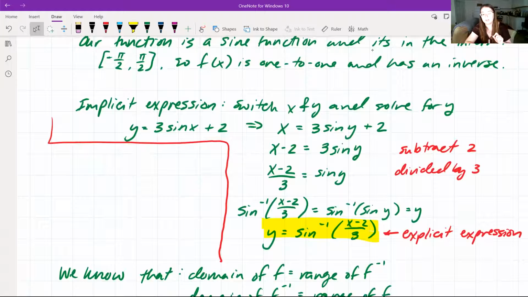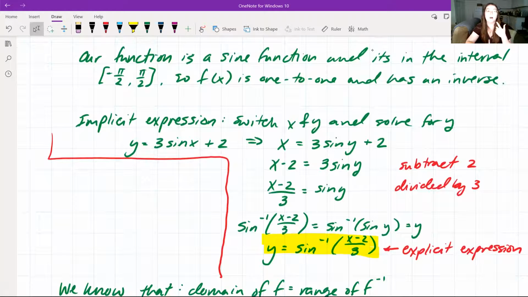So in our original domain from negative pi over 2 to pi over 2, this range would have been something along the lines of -1 to 1. But our function is not just sine, it's 3 sine of x plus 2. So we have to alter this original range that would have been for sine so that it fits our new function 3 sine of x plus 2.